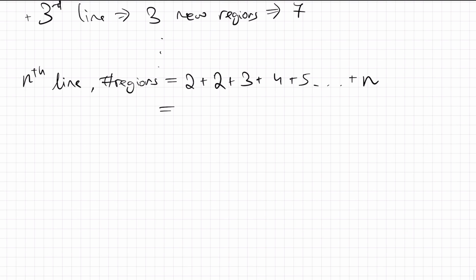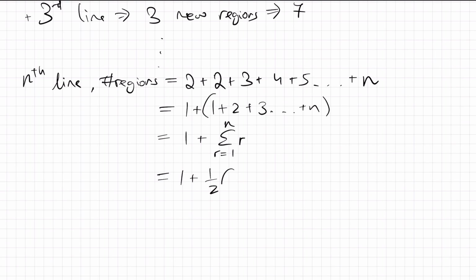Okay, and this is just equal to 1 plus the sum of r from 1 to n. And that's just equal to this formula over here. So this seems to have given us the correct answer.